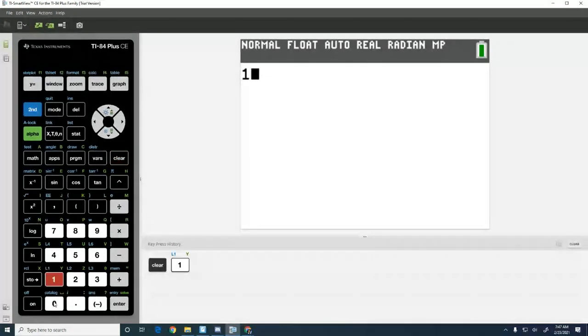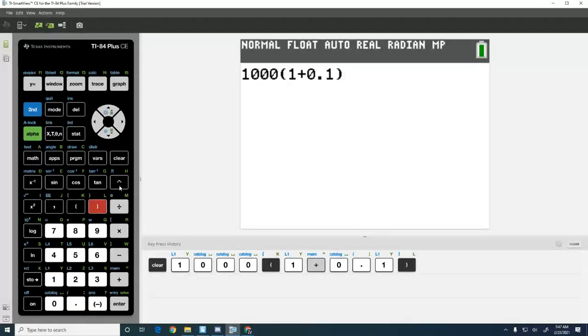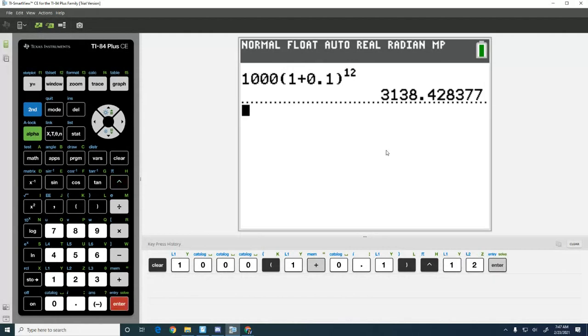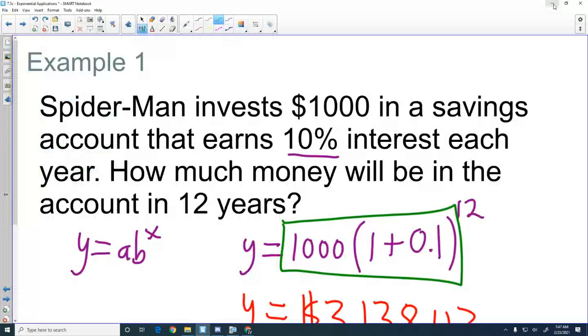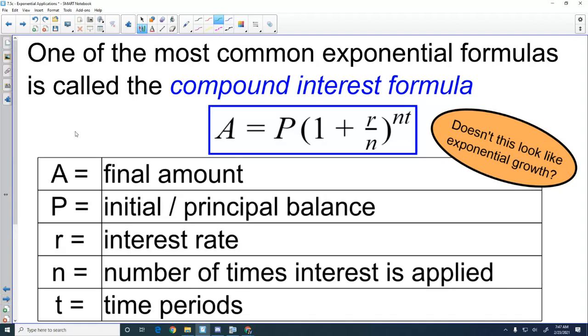So basically 1,000 parentheses 1 plus 0.1 close parentheses, and this is what we call the caret symbol. It's like the little roof of a house. To the 12th, hit enter, and you get that 3138. You don't see the symbol on yours?